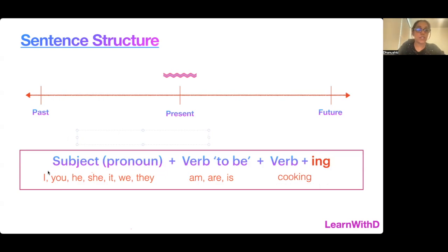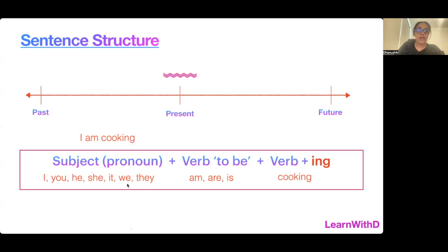Let's take the subject I. So what is the verb to be for I? Am. Good. Let's take the verb cook, right? That's the verb. Cook. And we add the ing like this.